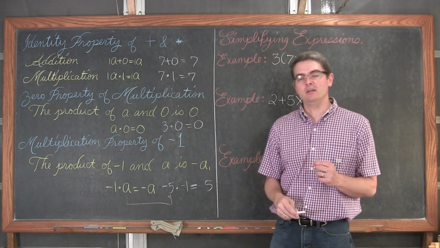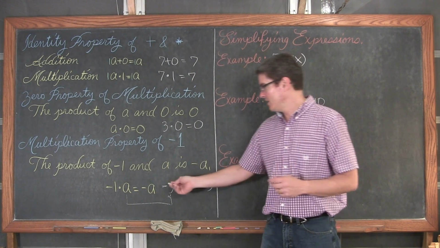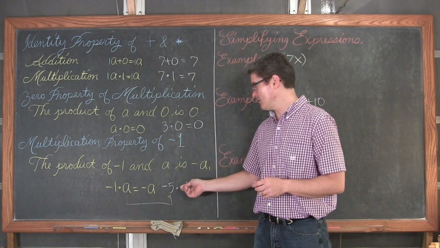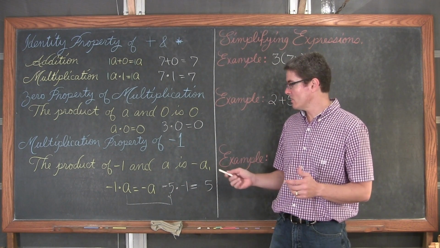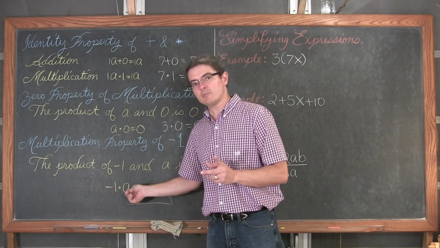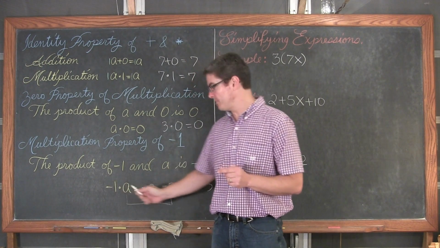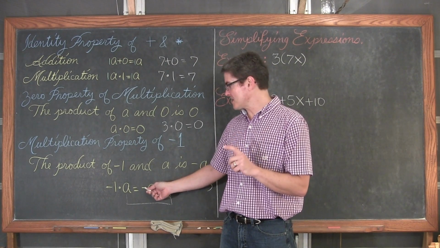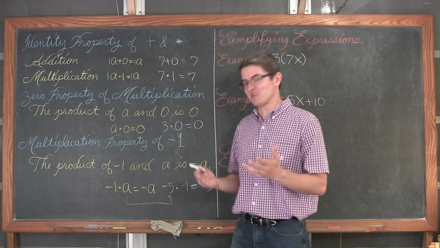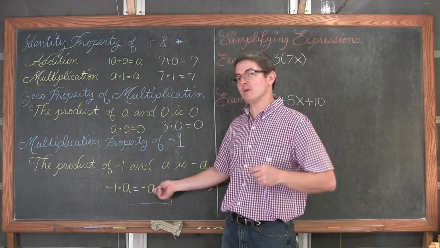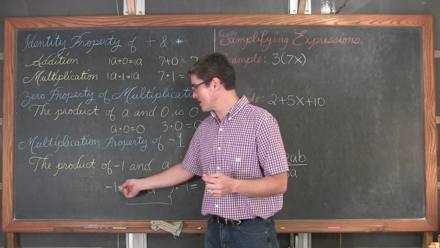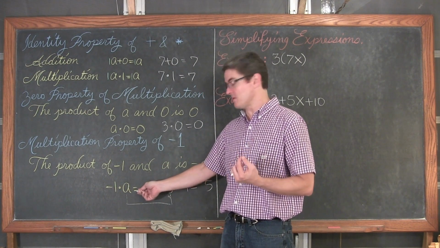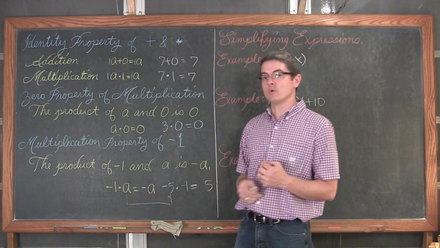Because this idea of a can be any number. It doesn't have to be just a positive number. So -5 times -1 is positive 5. So when you take any number and multiply it by -1, you actually get the opposite answer. You shouldn't really say this as -a, but as the opposite of a. So any number times -1 equals the opposite of what you originally started with.